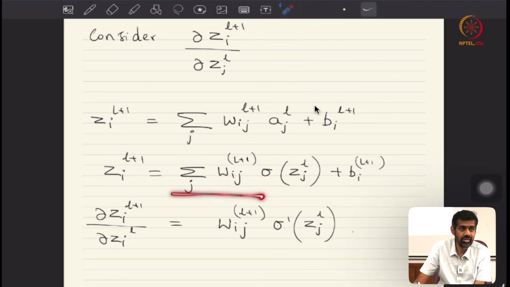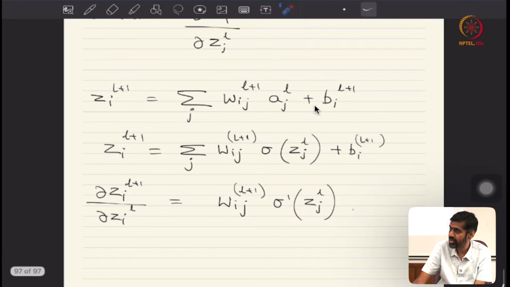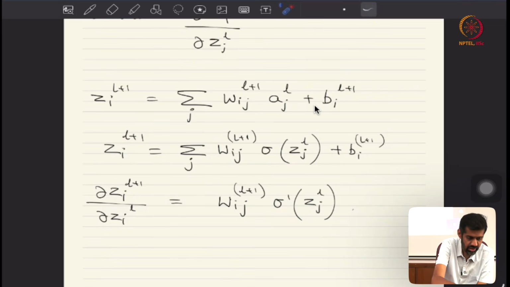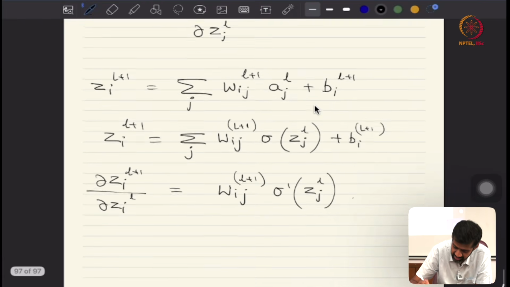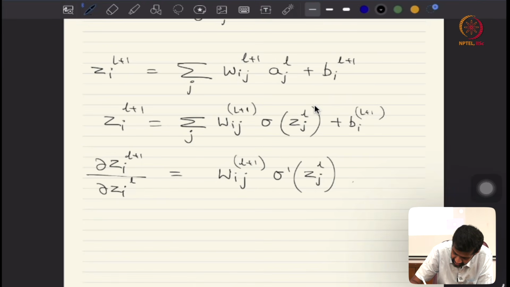Because all the other terms here go to 0. You see that? Why is that the case? Because the dependence is only on one particular weight and everything else will go to 0. So we got this particular term as well. Okay. Now here was J. Was it J? Yeah, it is J. Thanks.